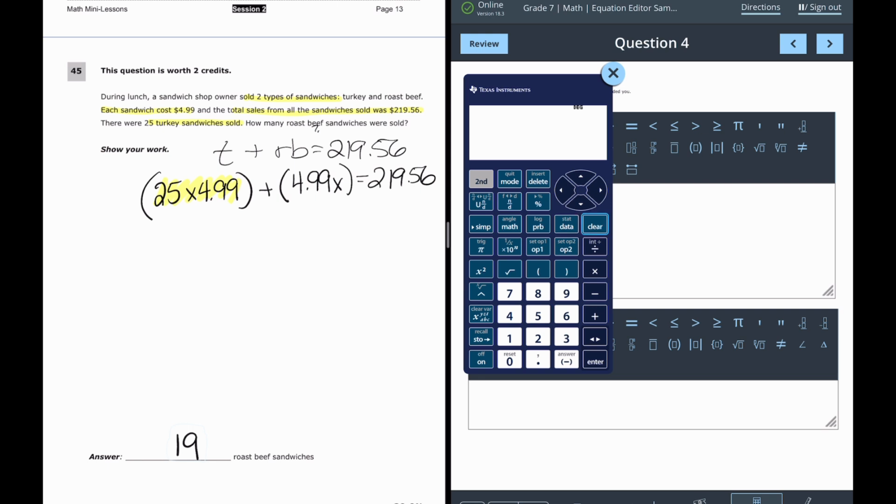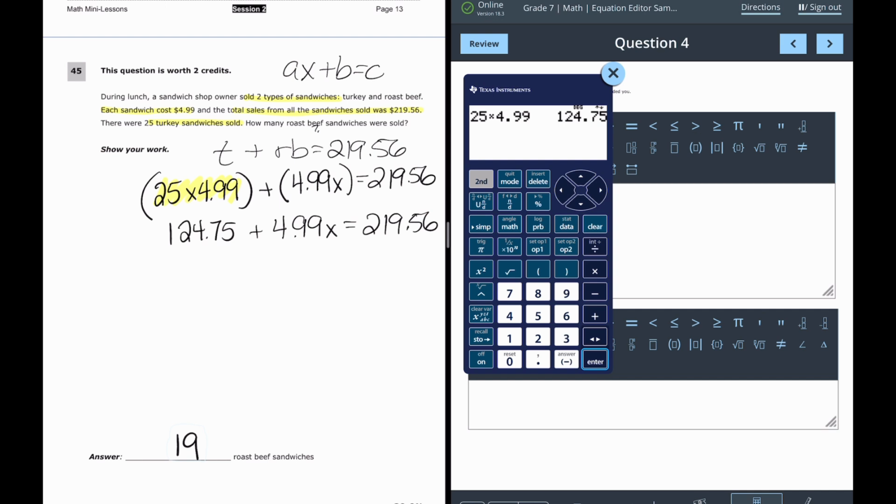25 times $4.99 is $124.75 plus 4.99x is equal to 219.56. Yep, you could already see it's written in that Ax plus B equals C format.